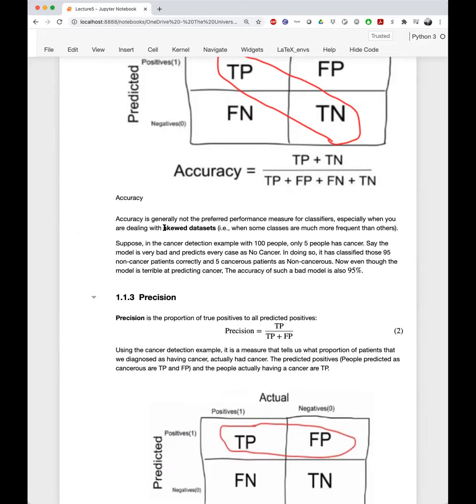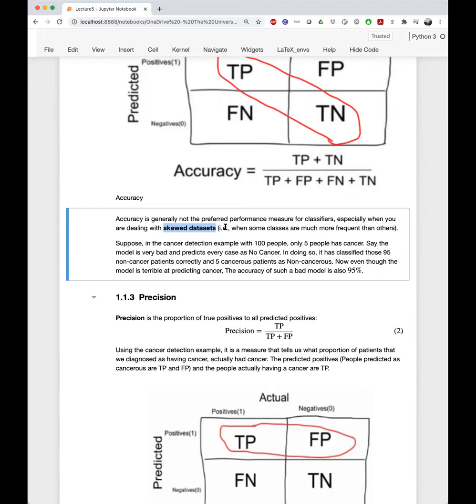Skewed data sets are the opposite of balanced data sets. Skewed means one class, for example spam emails, can be a lot more frequent than the non-spam emails. For example, if you have 90 spam emails and 10 non-spam emails, that's a skewed data set.